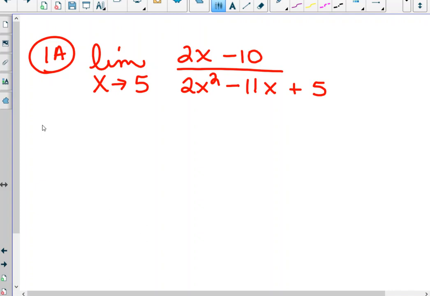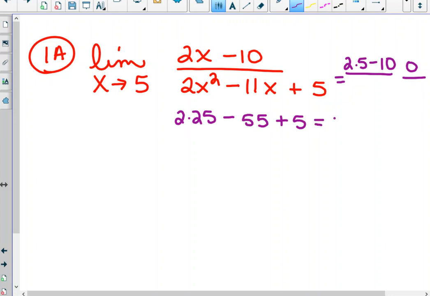So once again, we're looking at the limit problem. We don't have a graph, so that means we're probably thinking, okay, I'm going to use substitution. I substitute in the 5 to see what happens. And in this case, I do get a 0 in the numerator, but when I plug in the 5 in the denominator, I also get a 0.